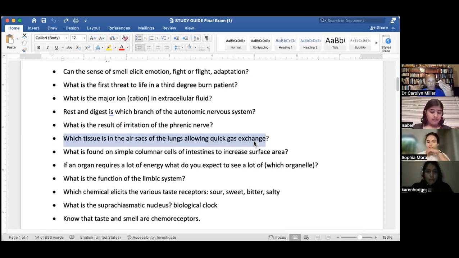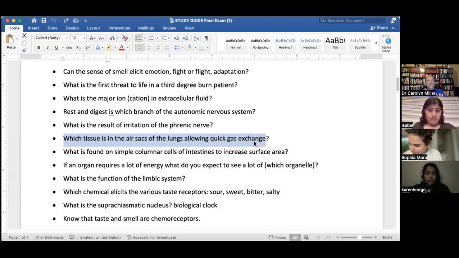Of course, the water and some of the electrolytes. Simple columnar is in the intestines with microvilli to increase the surface area. And that's because we need even more time to absorb all the nutrients. Pseudostratified ciliated columnar epithelium in the trachea spreads mucus to trap dirt so that it doesn't get in the lungs. Transitional in the kidneys.